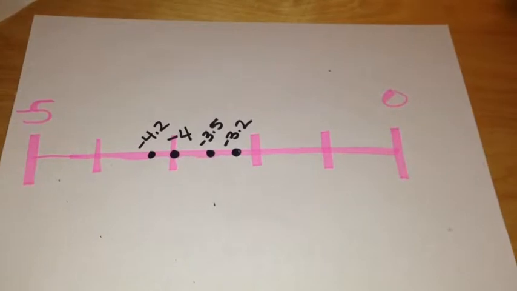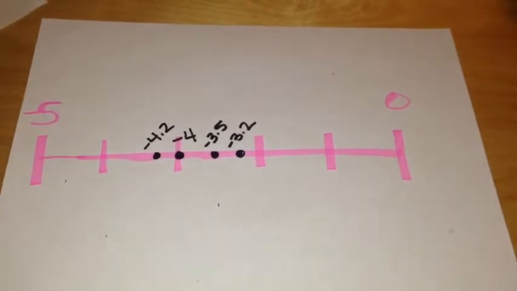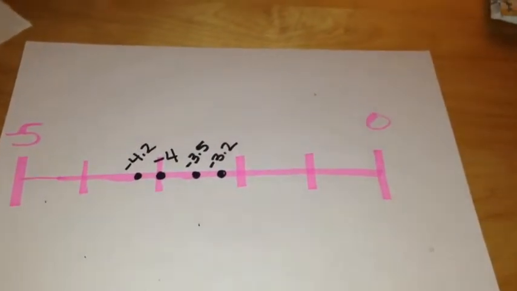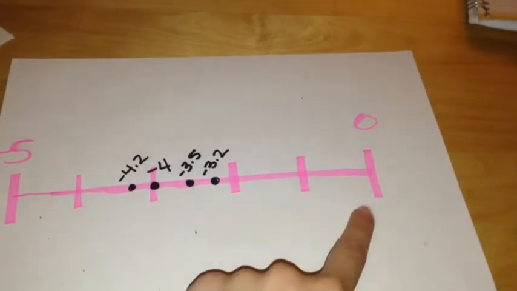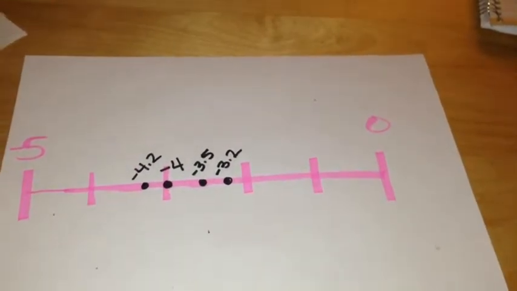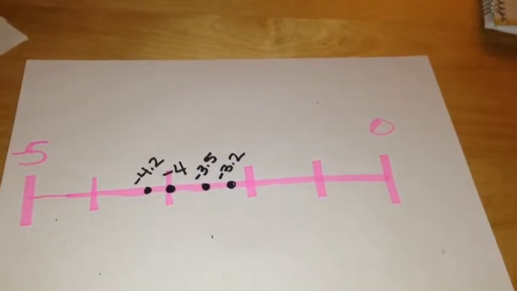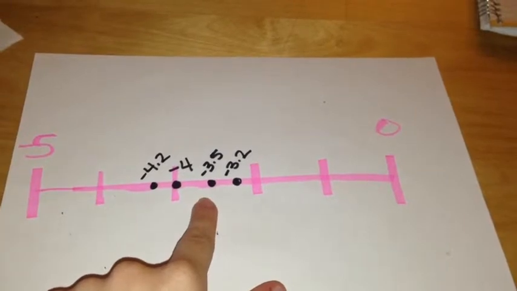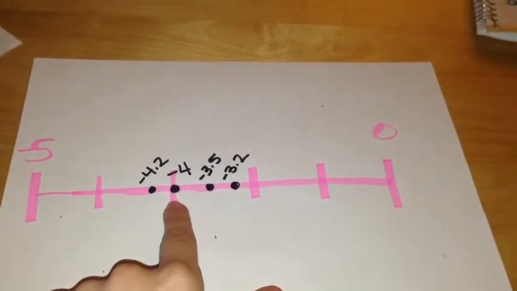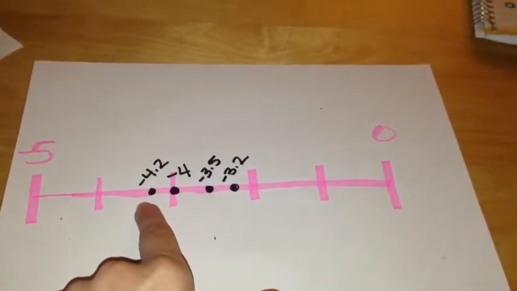When we look at these values on the number line, we see that negative 3.2 is larger because it is closer to 0 than the others. So the descending order is negative 3.2, negative 3.5, negative 4, and then negative 4.2.